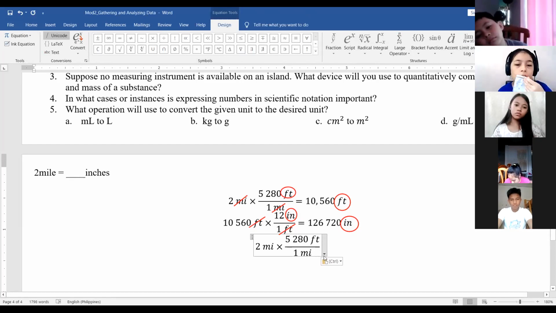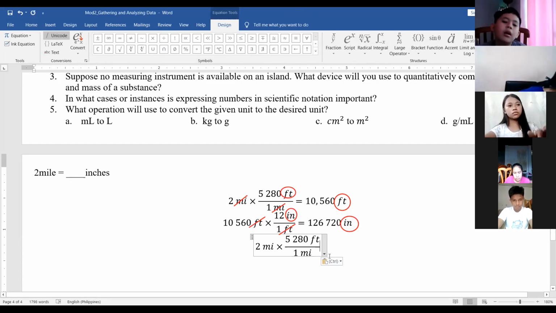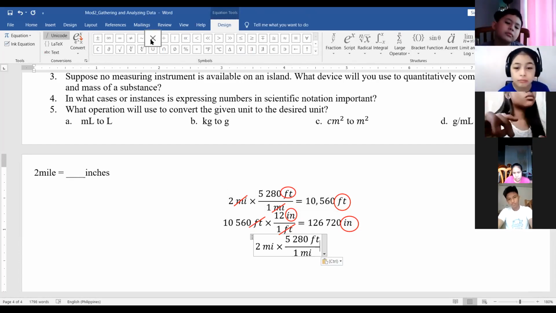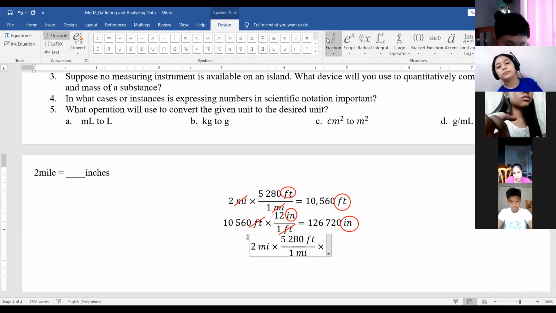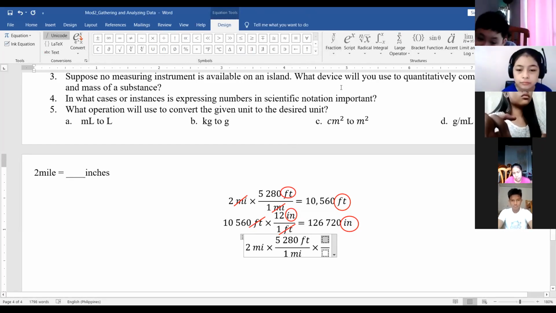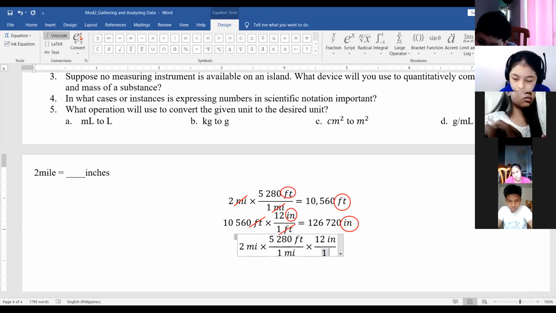So 2 miles times 5,280 feet over 1 mile, then continue the solution until you reach inches. 12 inches is equal to 1 foot.